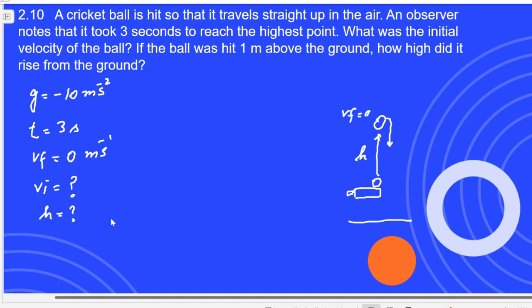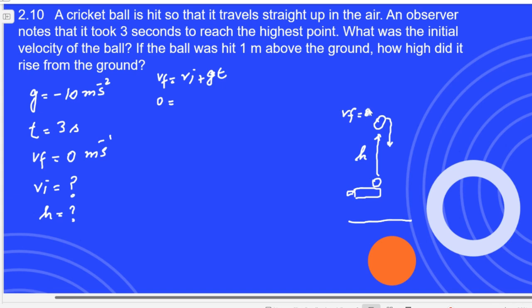To find the initial speed, we will use the first equation of motion, which is Vf equals Vi plus gt. The Vi we have to calculate, and Vf is 0 because at the highest point the velocity was 0.